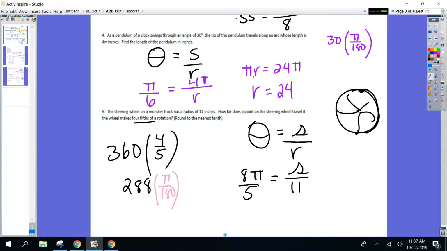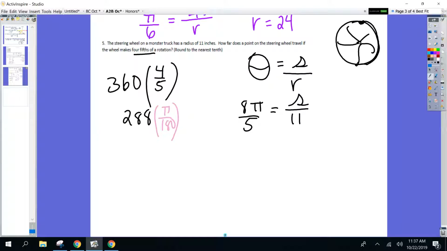How are you going to solve for s from here? Multiply both sides by 11. You could cross multiply if you wanted to and say 5s equals 8 pi times 11. It's up to you, but go ahead and round to the nearest tenth for me.